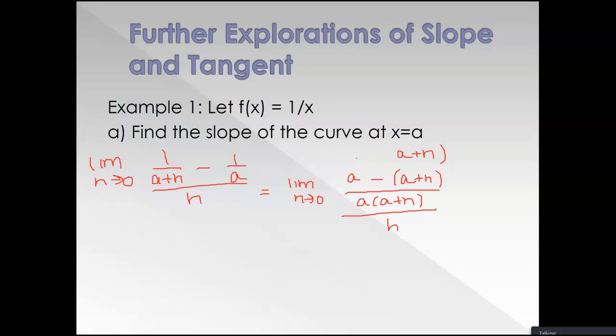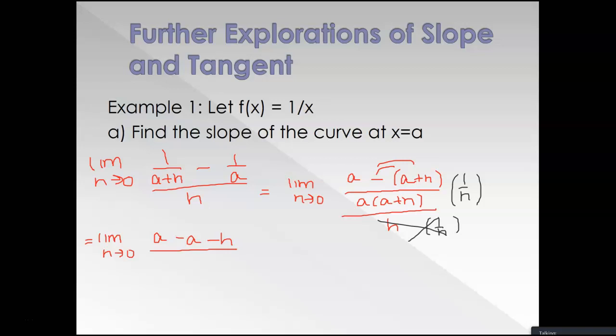And if you recall, a fraction in a fraction says that we multiply by the reciprocal of the denominator. So we're going to multiply by 1 over h. So it cancels our denominator fraction, and that creates the limit as h approaches 0 of a, distributing my negative, minus a minus h, all over a plus h.